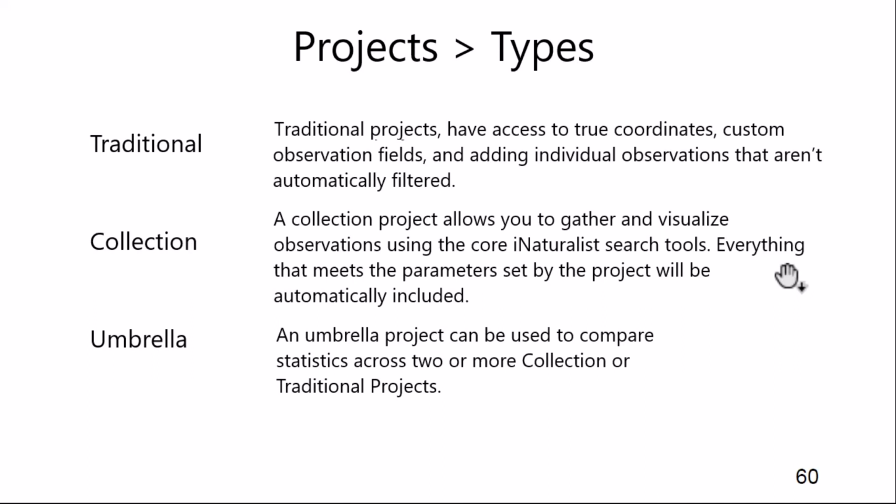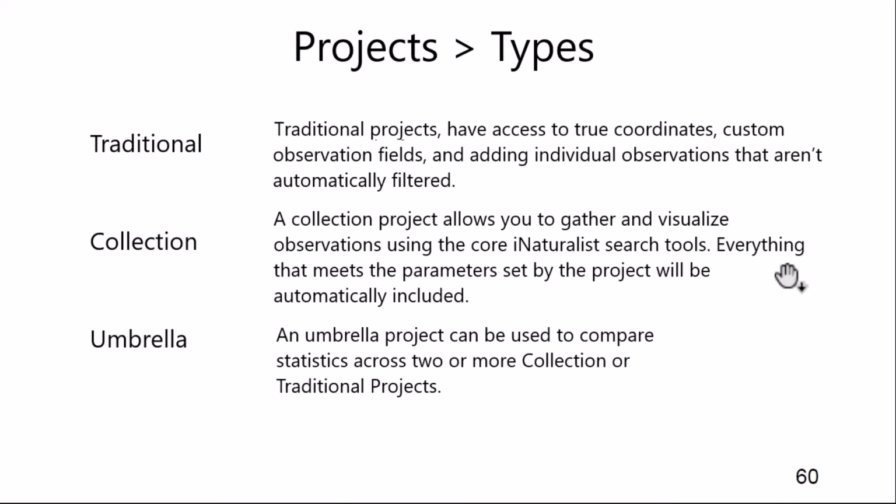Okay, so I'm going to talk about projects real quick. There are three types. The original one was called a traditional project, and that's the kind where you have to join the project and formally move your observation into it. If you do that, the obscured ones will show up in a traditional project, but they won't show up in the main one, which everybody now does: collection projects.